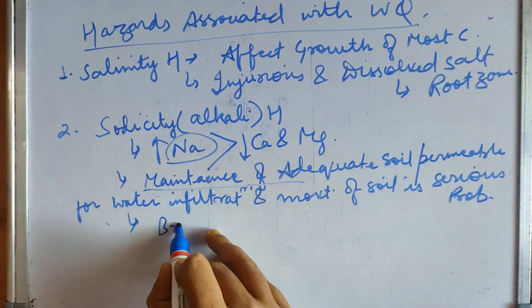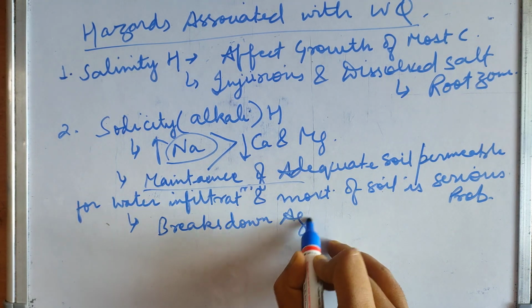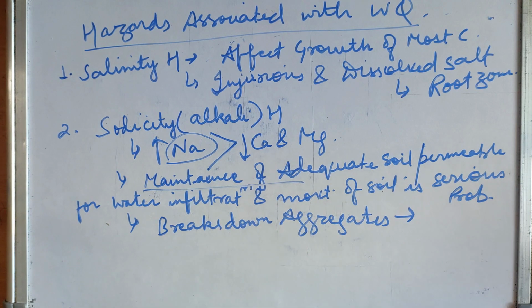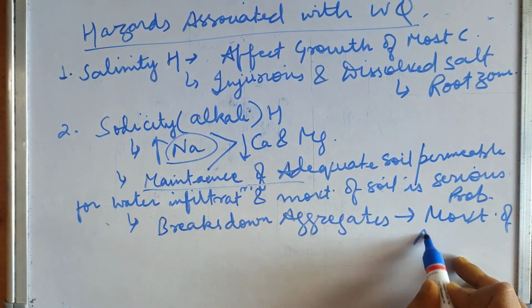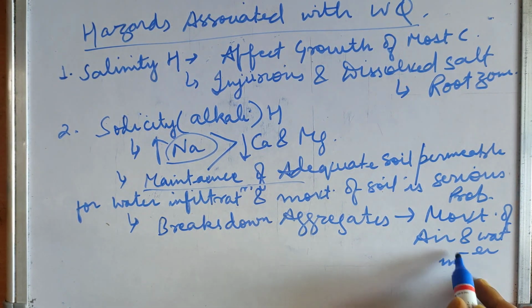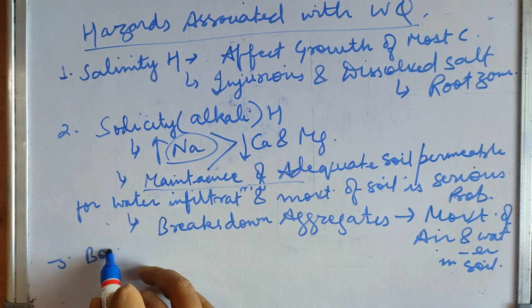It breaks down soil aggregates, so it affects movement of air and water in soil. Now third one is boron hazard or boron toxicity hazard.